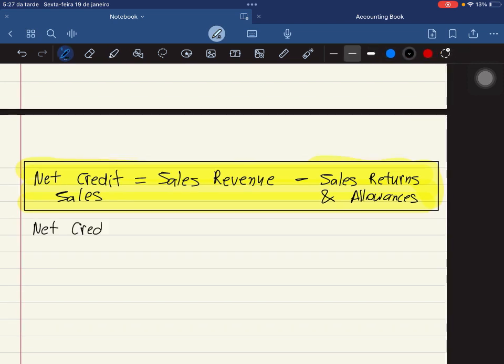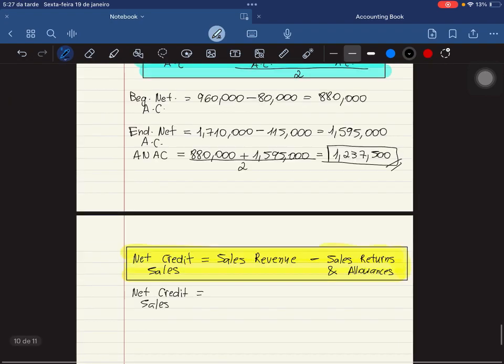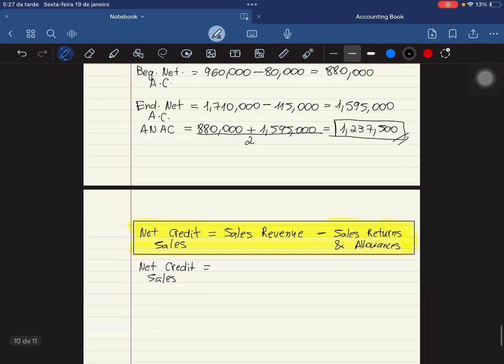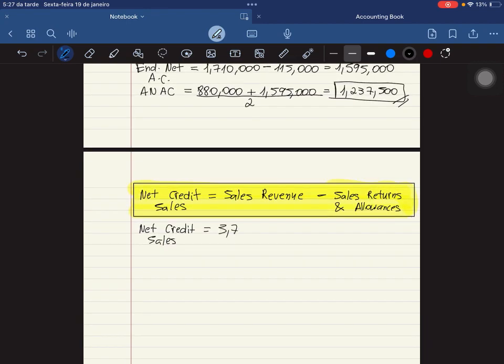What is our net credit sales? Well, we're going to have the sales revenue, or our sales on account. In this case it was sales on account. That is 3,700,000 minus the returns and allowances. And that actually makes sense, right? Because I have to know how much money I actually made, how many sales I actually made. So I have to have the full amount minus the amount that people returned to me, right?